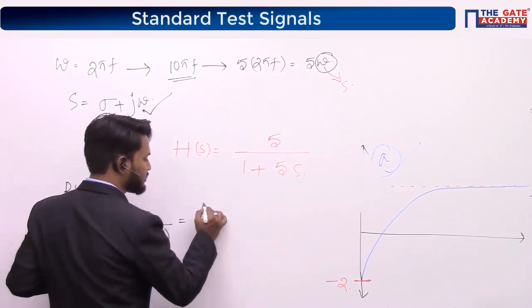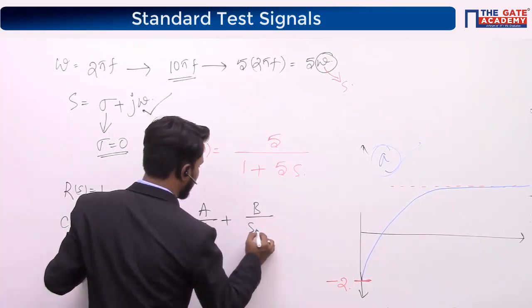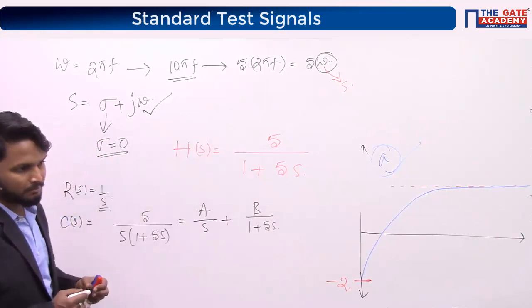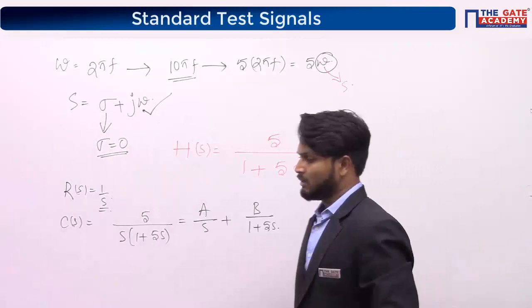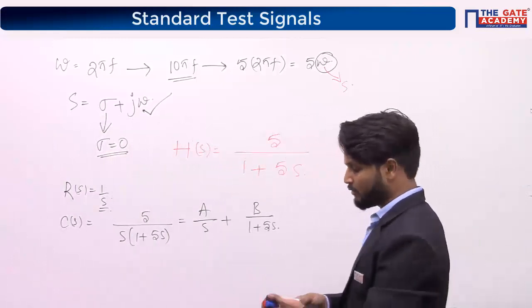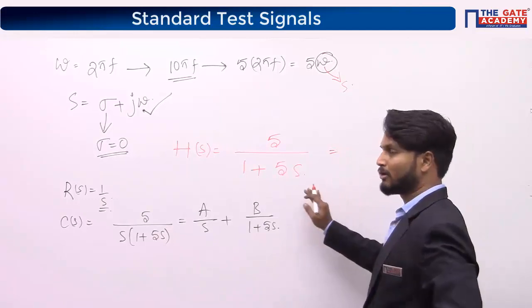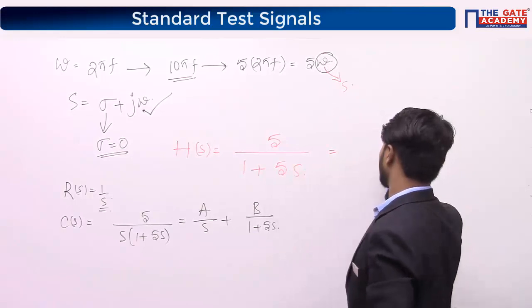You can split this using partial fractions: A by s plus B by 1 plus 5s. Tell me the values of A and B from this. Even if you want to convert this into pole zero form, you can do that also. You take 5 common out of this.